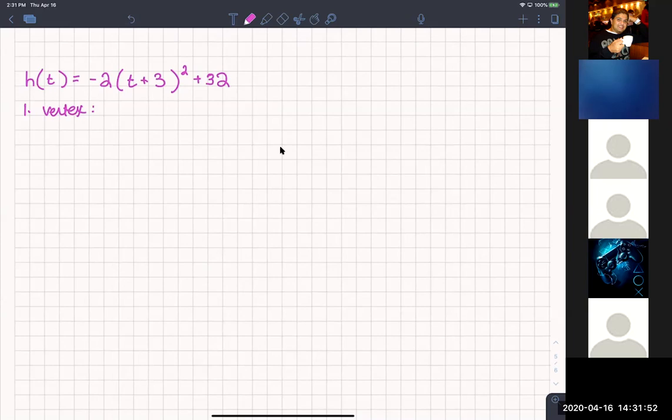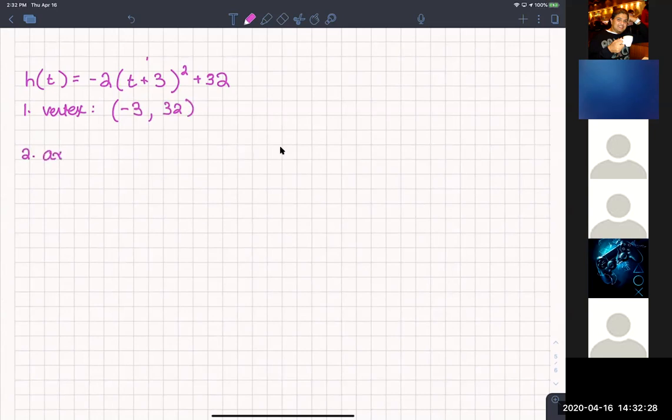What is on the inside of the parentheses? What is the x coordinate of the vertex? 3. Well, not just 3, because wait, -3. And -3. What is k? 32. Yeah.